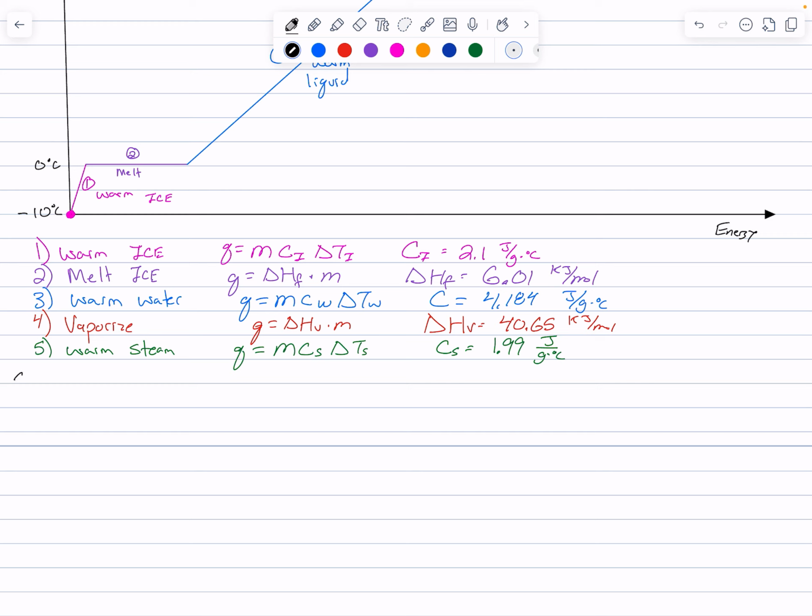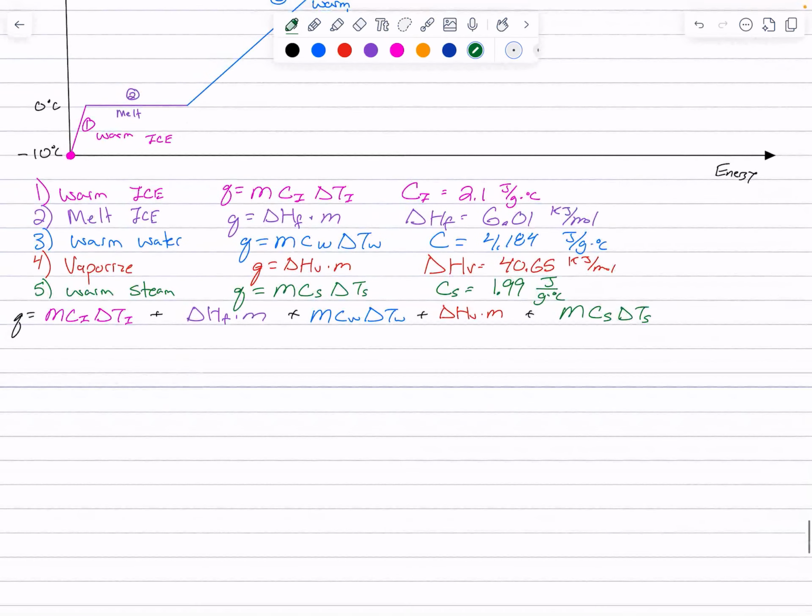So the overall heat, Q, would be MC of ice, delta T of ice, plus delta HF times the mass, plus M, specific heat of water, delta T of the water, plus delta HV times the mass, plus M, specific heat of steam, delta T of steam.